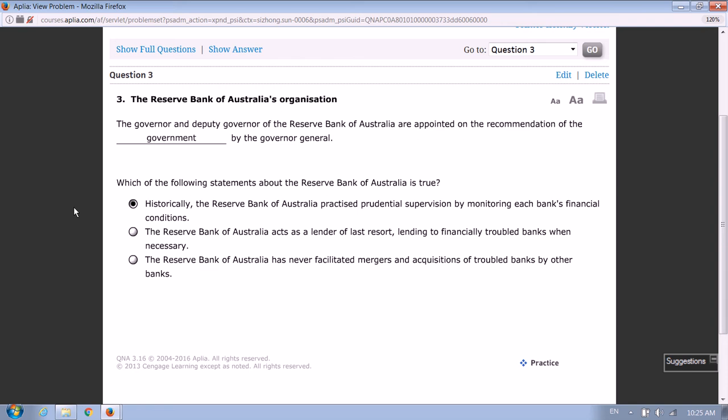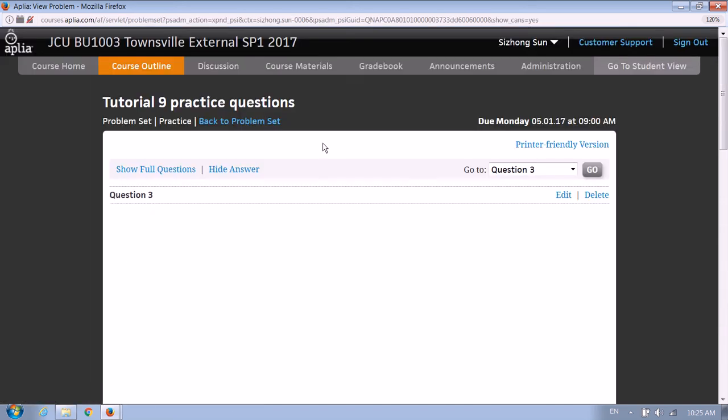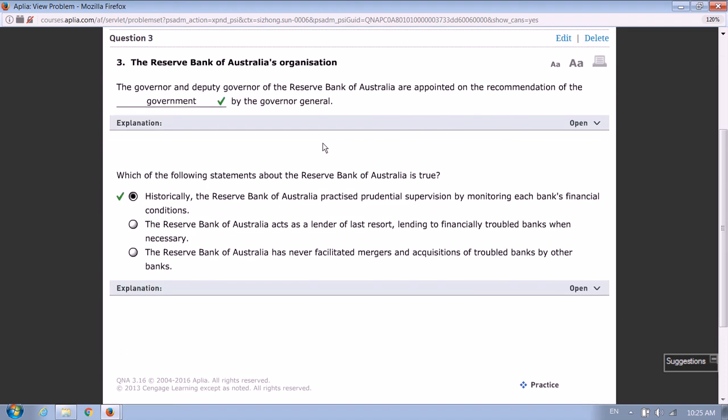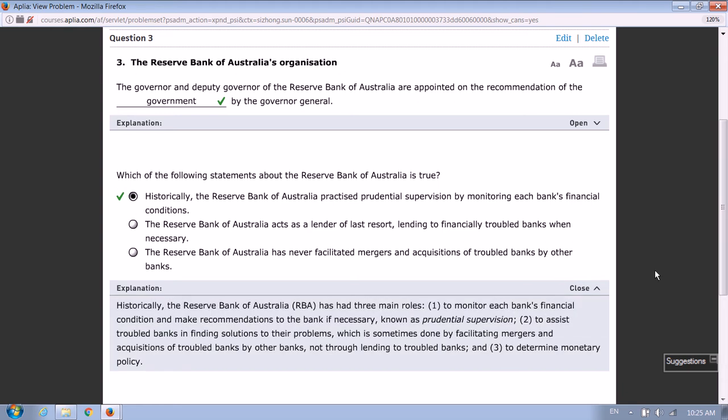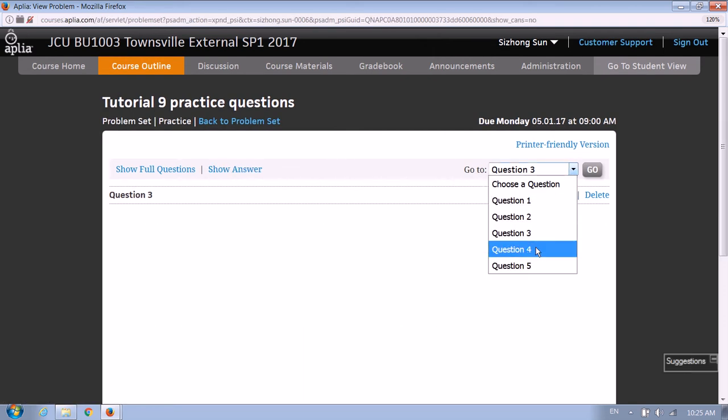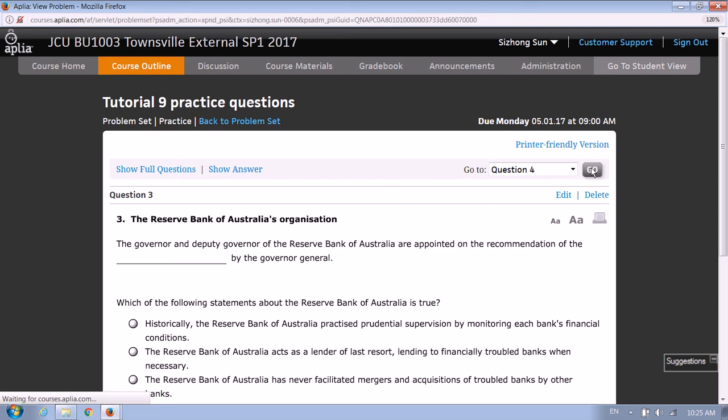The Reserve Bank has never facilitated merger and acquisition of troubled banks by other banks. Okay, so let's answer prudential supervision. Okay, that's question 3. Question 4.